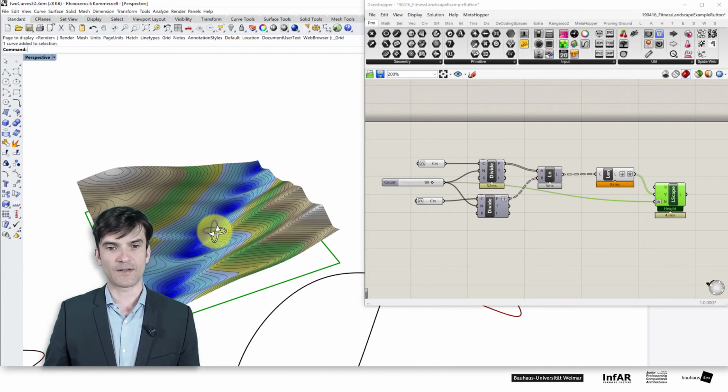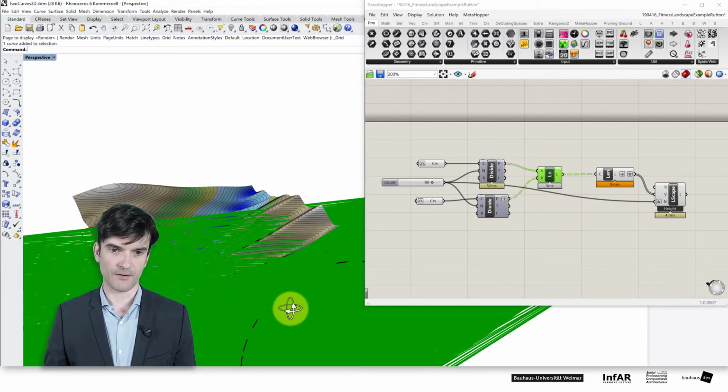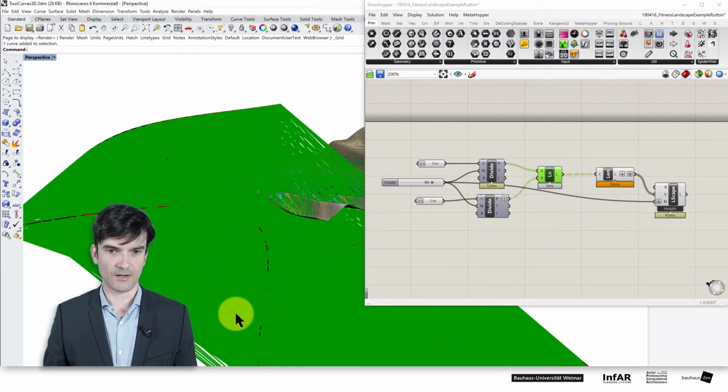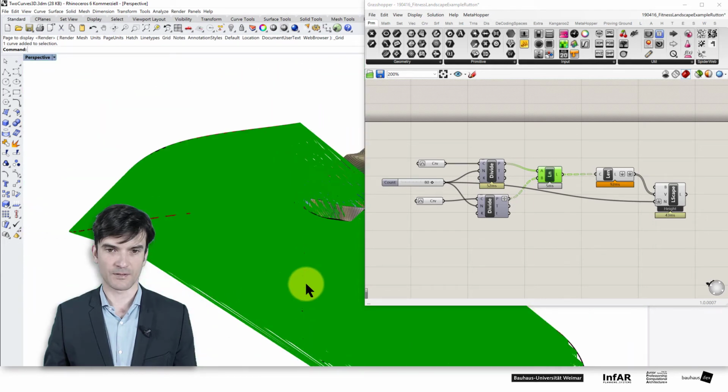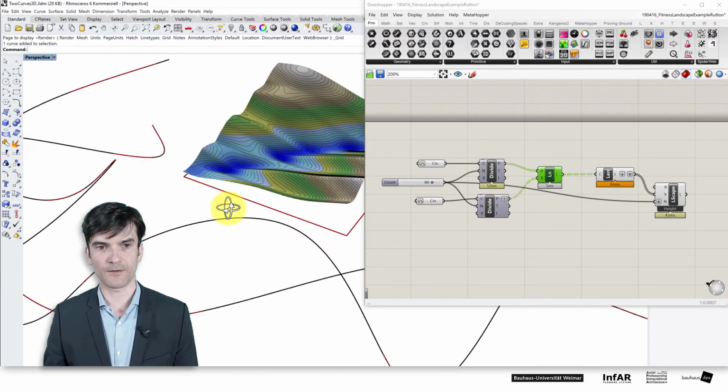That's our fitness landscape. And if you have a look at the lines that we created here, you cannot see them very well, but you see these are a lot of lines from all points to all points. Kind of the preview.